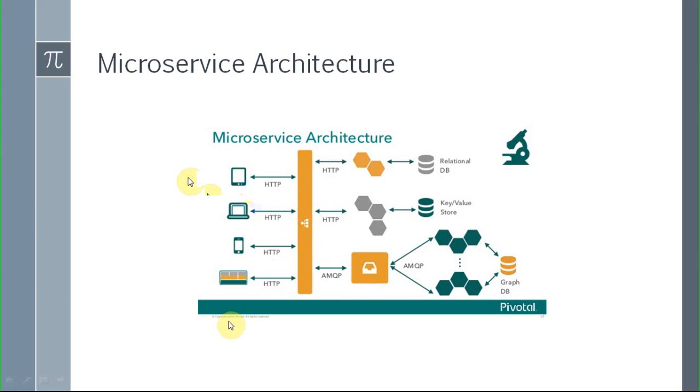Also, third-party applications, other systems that may use different kinds of protocols for accessing our infrastructure and microservices. All of them have a single point of entry to our infrastructure. We call it the API gateway.